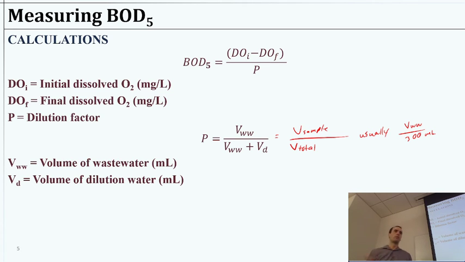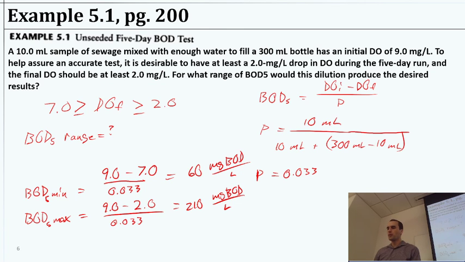That'll be in most problems. Of course, if the problem happened to say something else about the volume of the BOD chamber, adjust accordingly. All right, so that's pretty straightforward. The dilution factor there is just that ratio of sample to total.